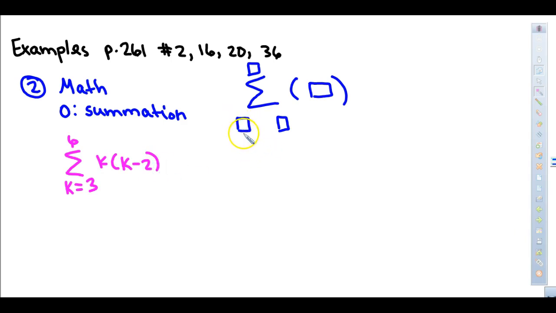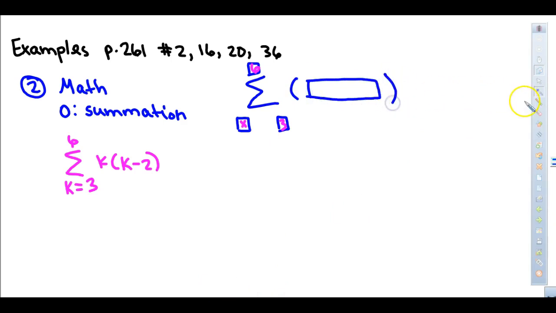Now you can actually use k if you want to, but I would just use an x. I would say I'm going to let x go from 3 to 6, and then right here in this box I would put x times x minus 2. You do have to make sure that those right-handed parentheses are there. Let me draw that a little bit bigger for you so you can see it better.